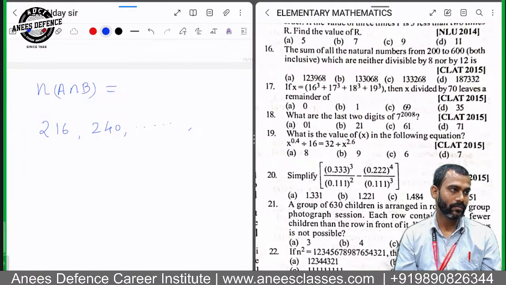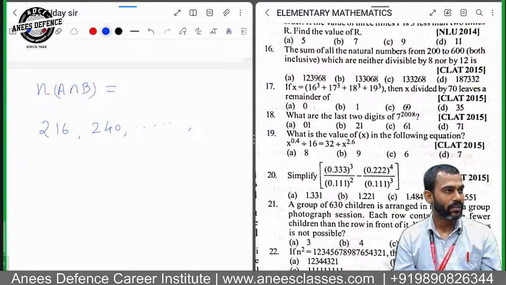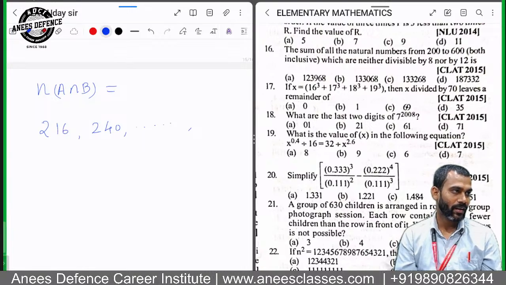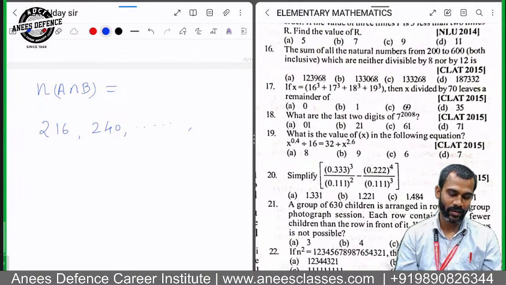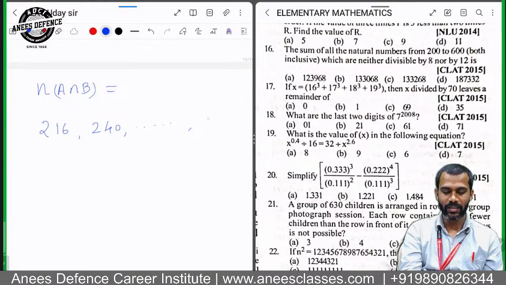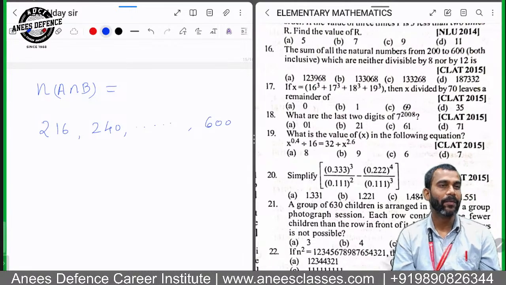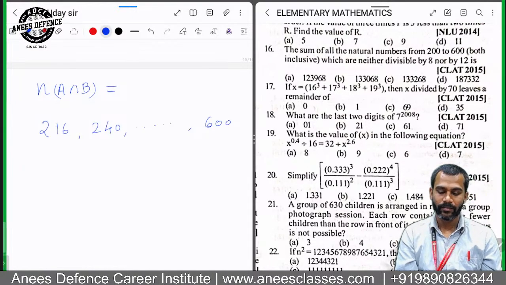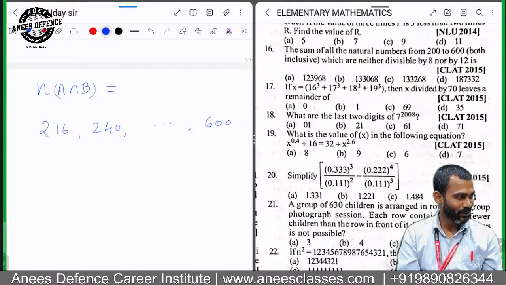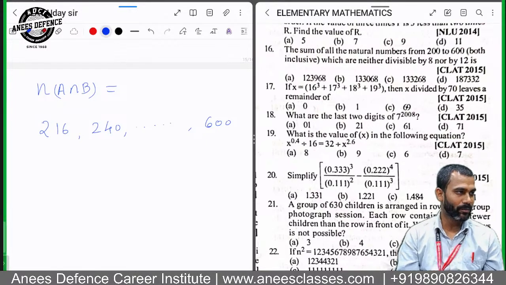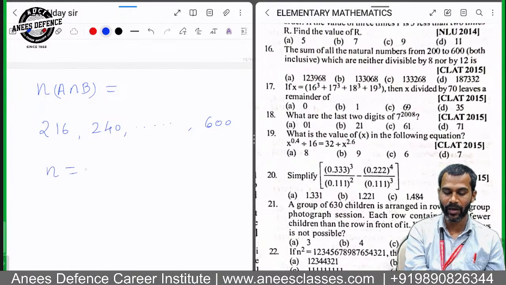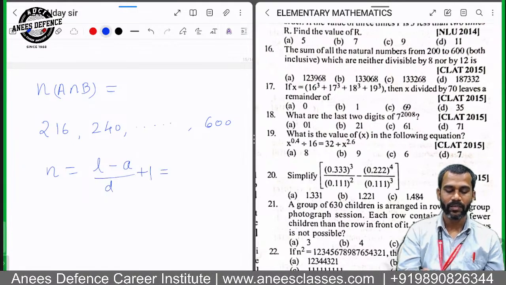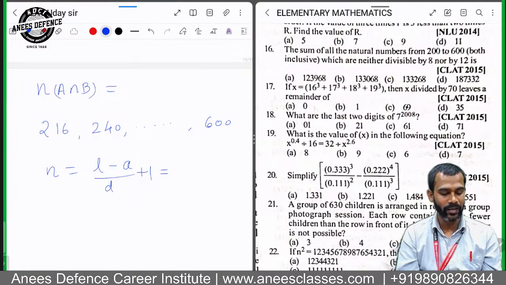Yes, 24 into 25 is 600. So 600 is the last number divisible by 24. Now we need to find the total number of terms. N is equal to (L minus A) divided by D plus 1, which is 600 minus 216.